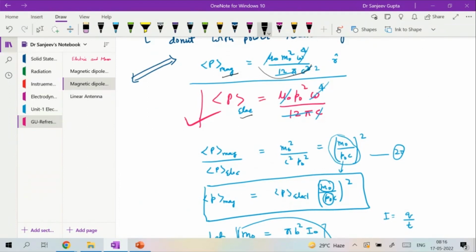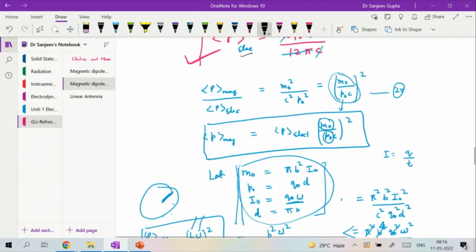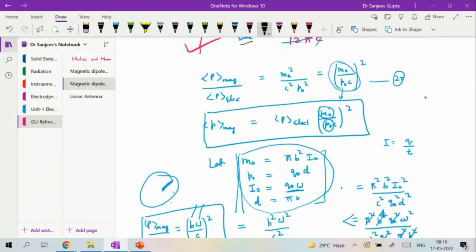You get m0 squared divided by c squared p0 squared, so you can write m0 over p0 c, whole squared, and therefore P magnetic equals P electric times (m0 over p0 c) whole squared.